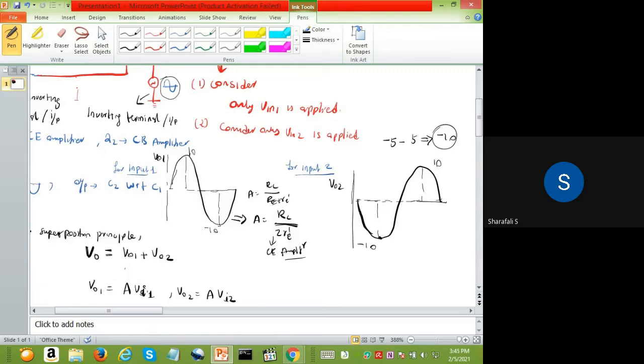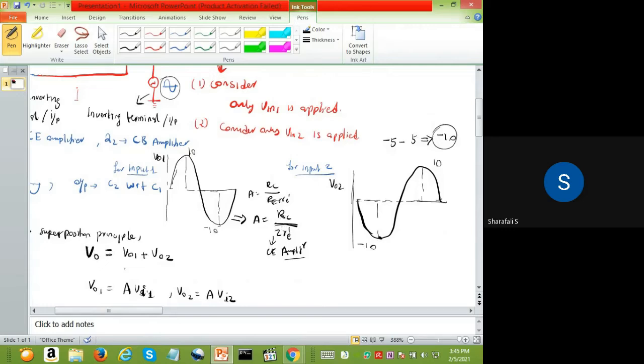Same will be there for the second configuration, right? When we consider the second input, there also will be the same gain factor. So the total gain will be again 2 times of this, or 1 by 2 times of this, right?